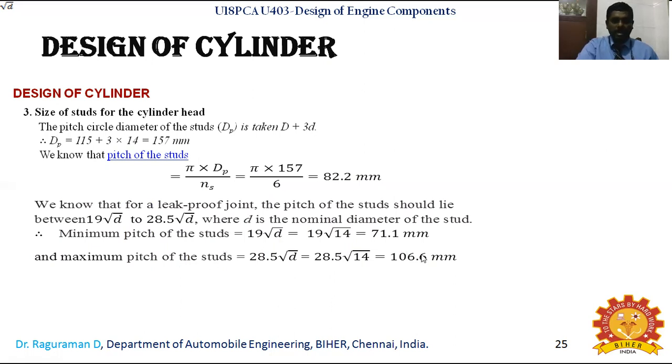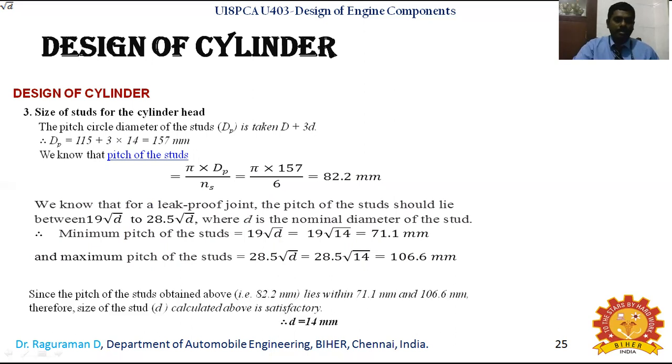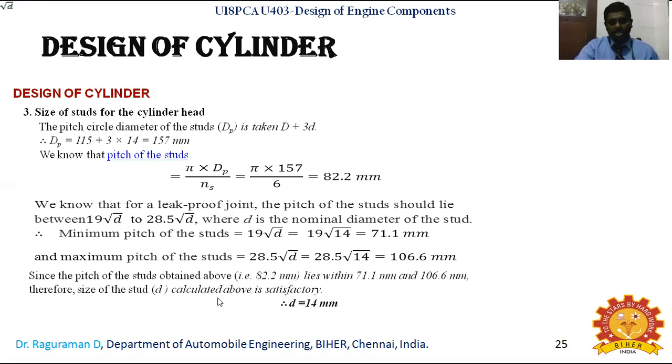By calculation, you are getting the minimum pitch of the stud as 71.1 mm and the maximum pitch as 106.6 mm. Since the pitch of the studs obtained is 82.2 mm, that lies within 71.1 mm and 106.6 mm. As it is lying within the minimum pitch and the maximum pitch, the design is said to be satisfactory.